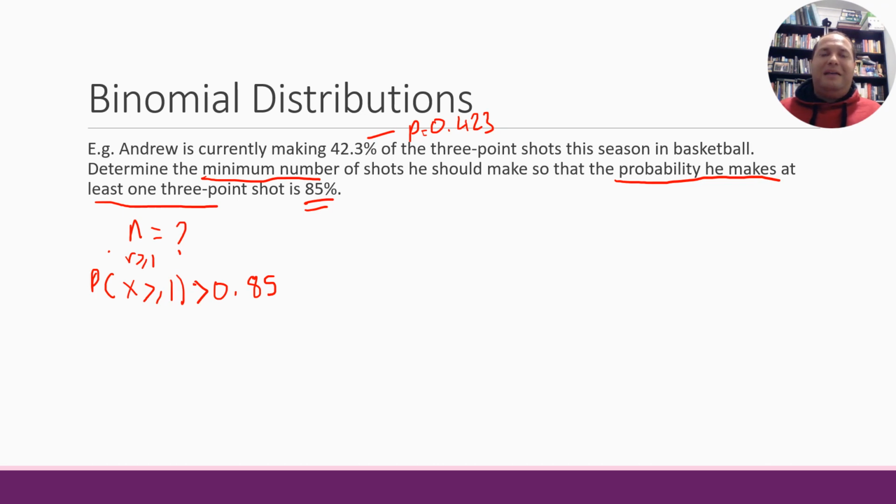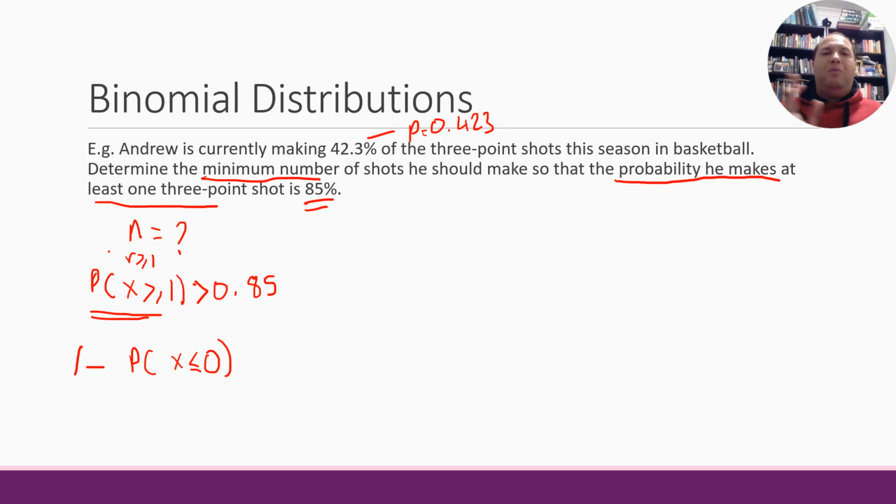We can't have this written in this sort of form and use our calculator for it. We will need to change it. So another way of writing probability of x being equal to or greater than 1 is 1 minus the probability of x being equal to or less than 0. Right, we're using our complements there.